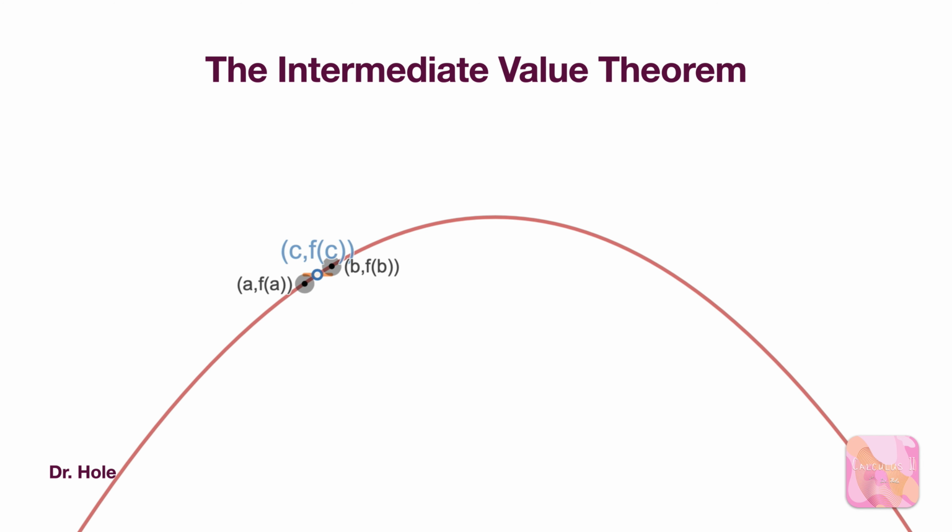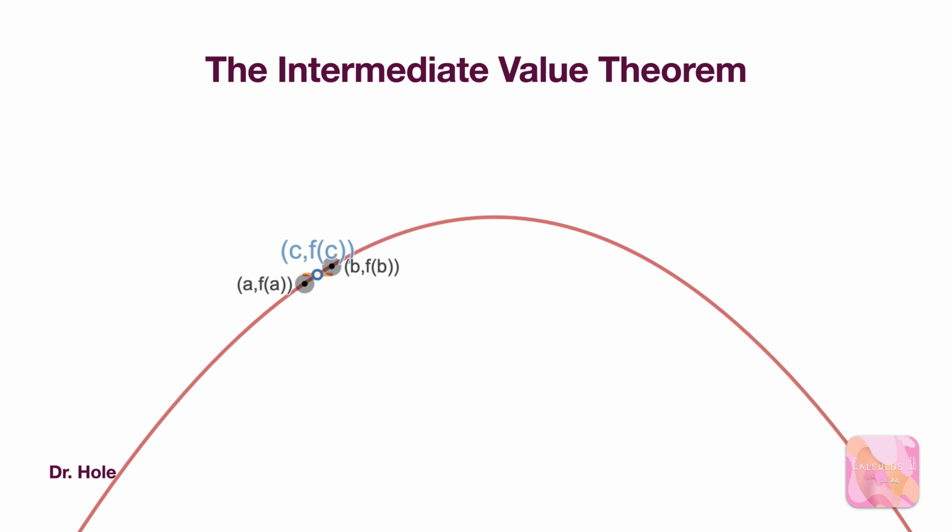And then we have a blue point at a height of f of c. The f of c is the y tilde that we had earlier. And for any height that you pick between the heights f of a and f of b, you can find an input such that this function will produce that output.